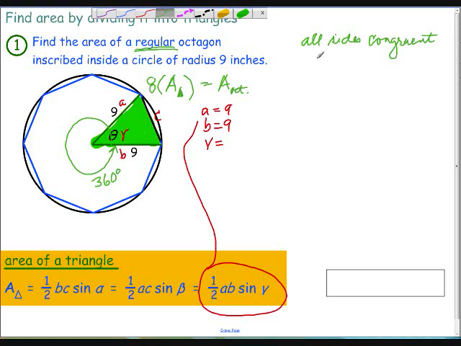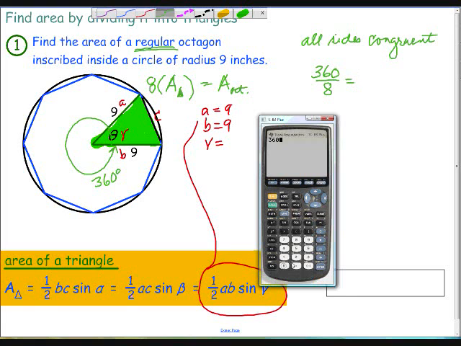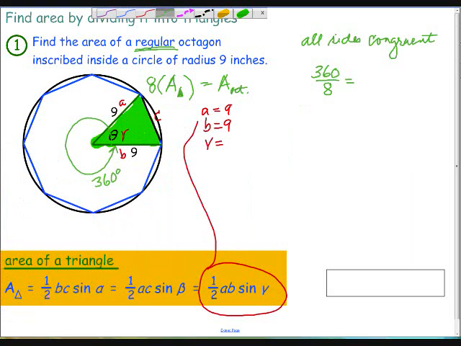And those will be, let's figure it out, 360 divided by 8. It's going to be 45. Ooh, isn't that nice? We love 45. So these are 45 degrees. Gamma is 45 degrees.